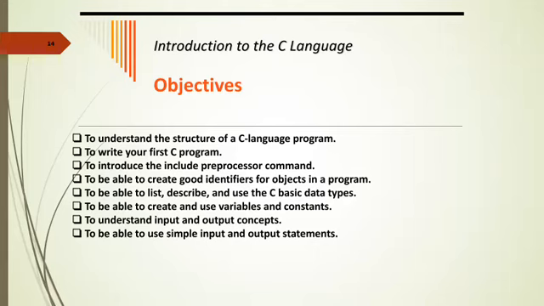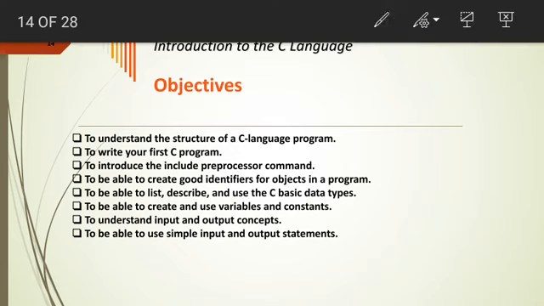Now, after completing the overall course overview and the syllabus mechanisms, we will start with some introductory features about the C language. The basic objectives of the next few videos are that we will understand the basic structure of a C program.